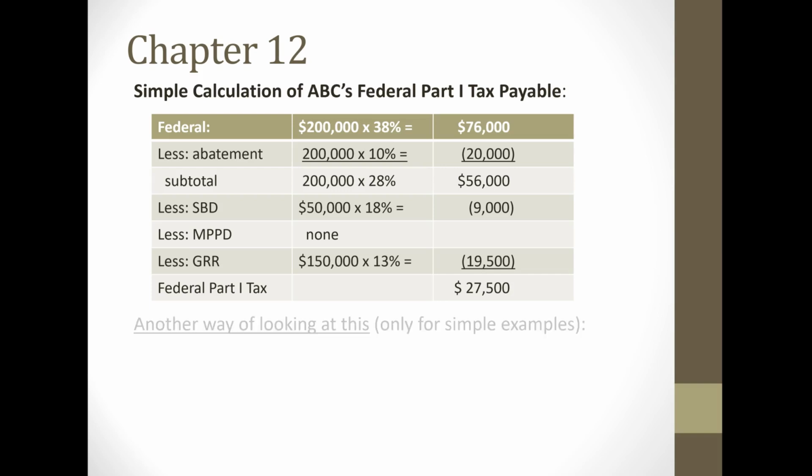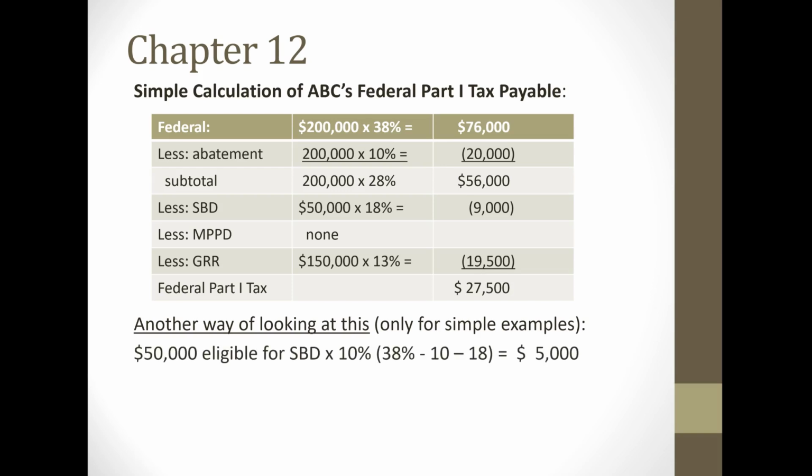Now there is another way of doing this, but only for this simple example where we don't have, let's say, foreign tax credits, where we don't have the manufacturing and processing profits deduction. So let's look at this other way of doing this. What we could do is say, let's figure out how much income is eligible for the small business deduction. That was only the $50,000.